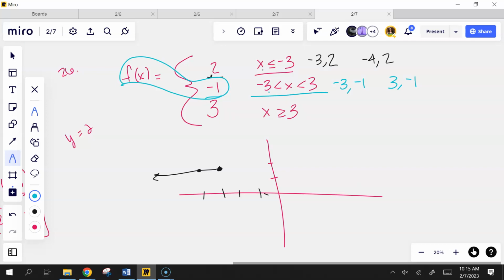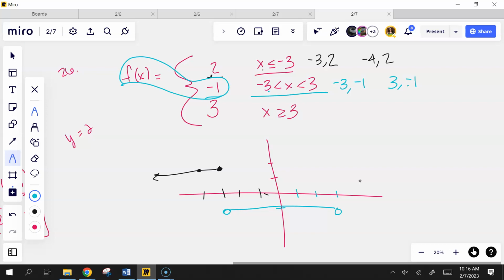So if I let x be -3, y is -1. If I let x be 3, y is -1. No matter what I let x be, y is going to be -1. So -3, -1, and 3, -1. It's just that piece of a horizontal line, but it's cut off so that it's only between -3 and 3. Does that make sense?